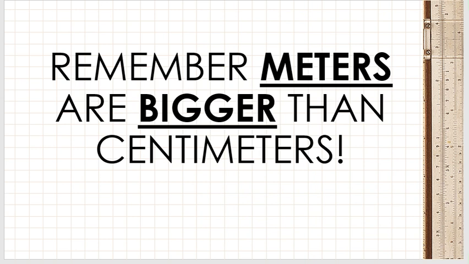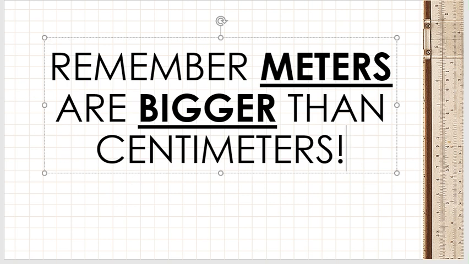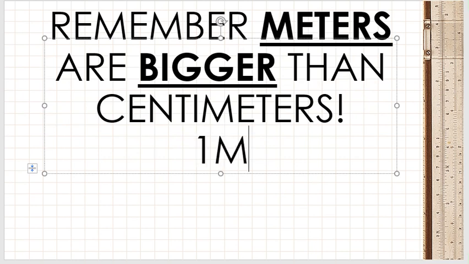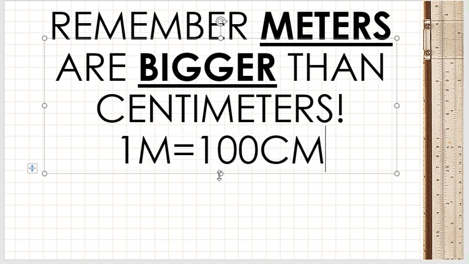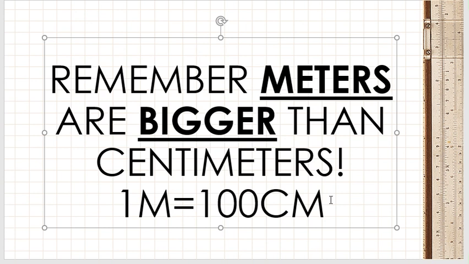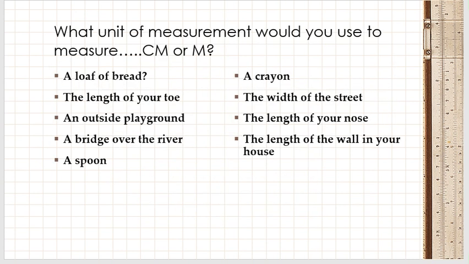So the important thing to remember is that meters are bigger than centimeters. And remember that 1 meter equals 100 centimeters. So we can actually just add that in. 1 meter, and remember m is what we use for meters, equals 100 centimeters, and cm is what we use for centimeters.